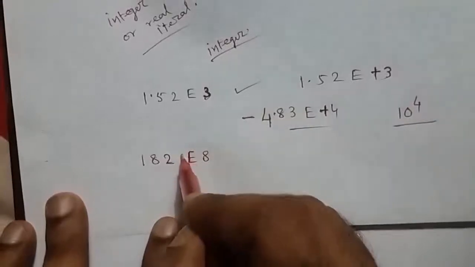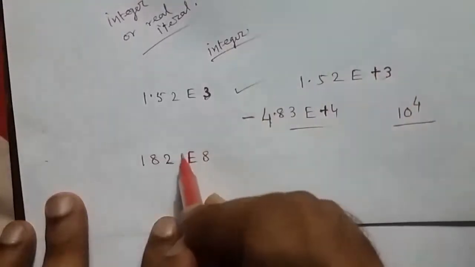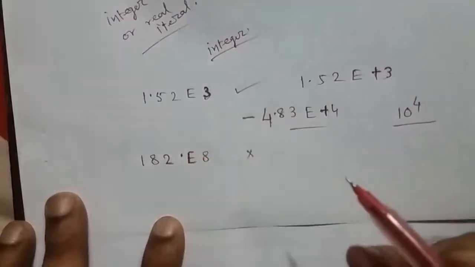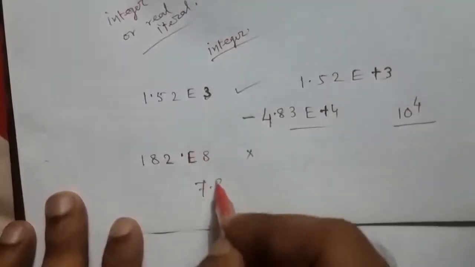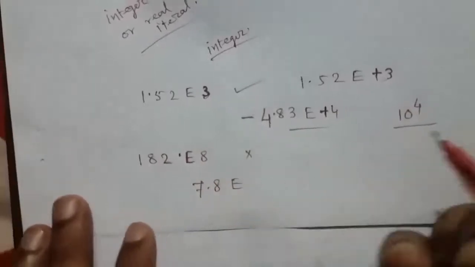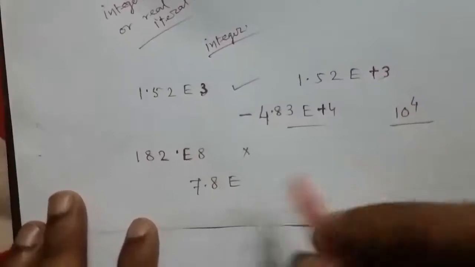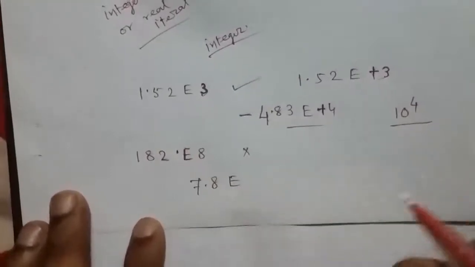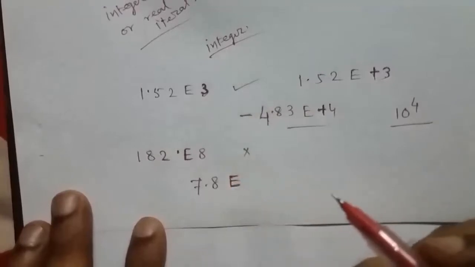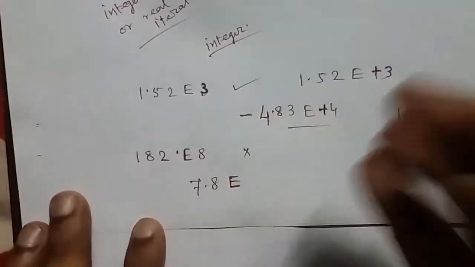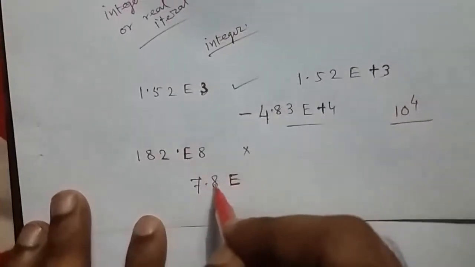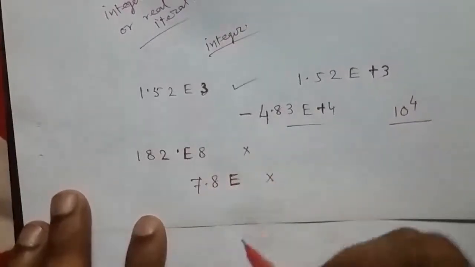As you can see, after the decimal point there is no digit; E is written. So it is invalid. If I write 7.8E, is this valid or invalid? This is also invalid because no digit is written for the exponent. After the E, one or more digits must be written to express the exponent. So 7.8E is actually invalid.